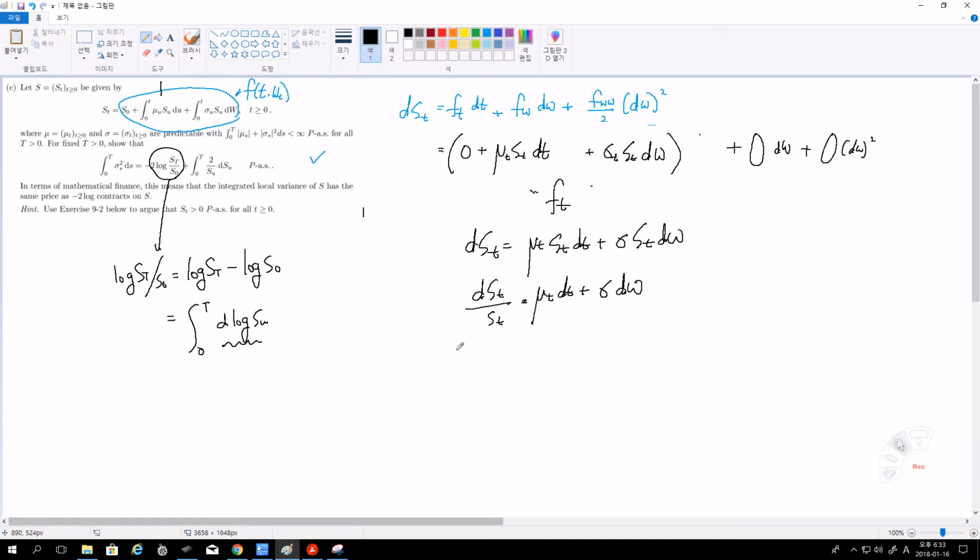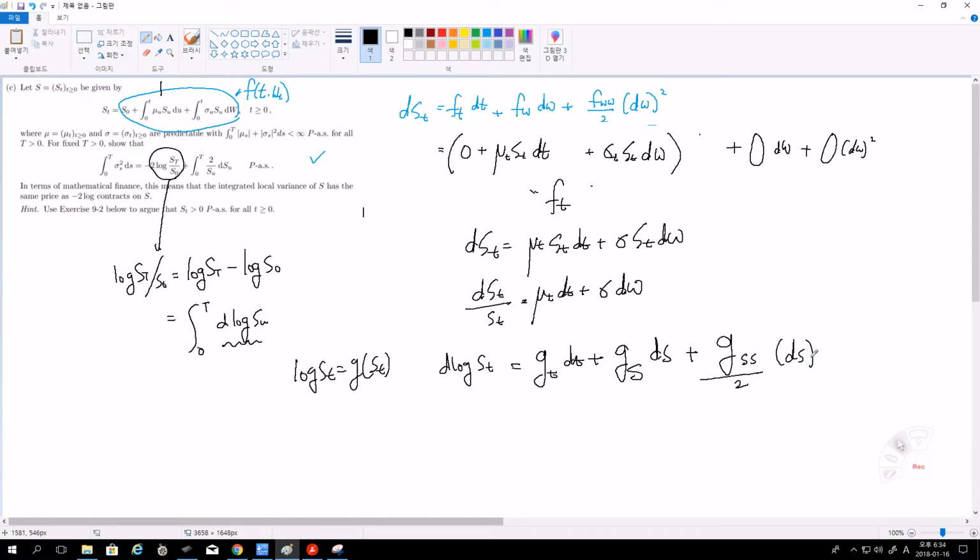How can I calculate this one? So d log S_t, then, well, let's regard log S_t as g(S_t), some sort of function. Then it is g_t dt plus g_s dS plus g_ss, the double derivative, over 2 dS squared.